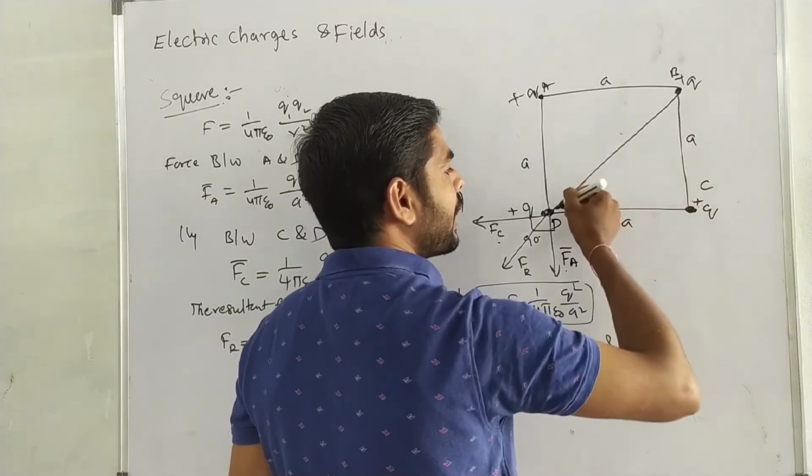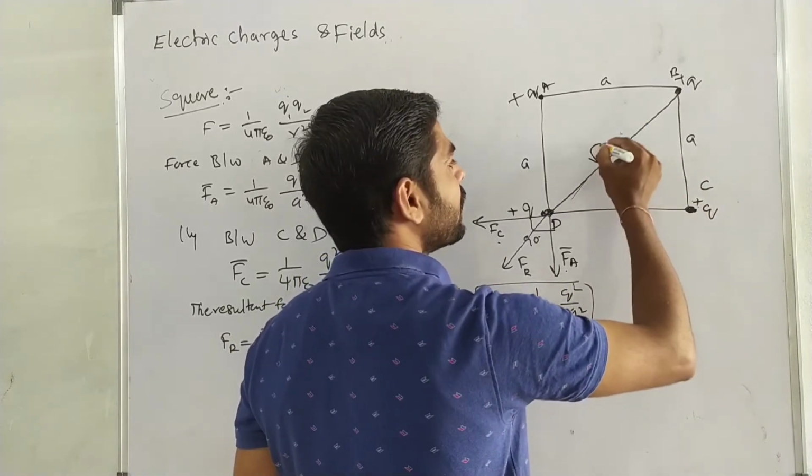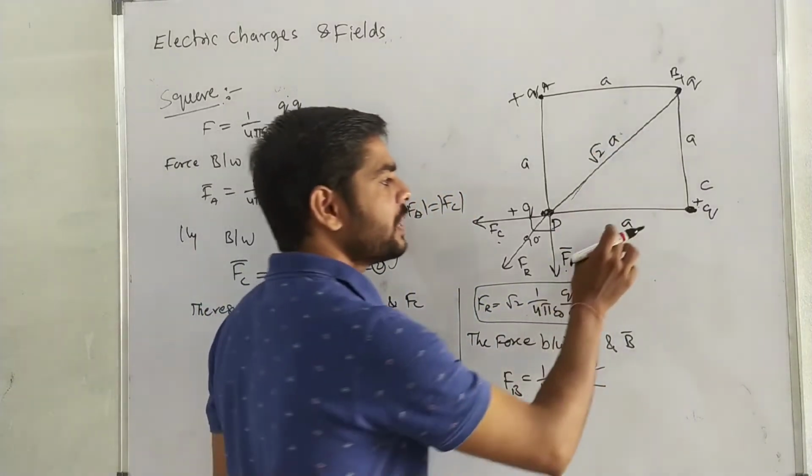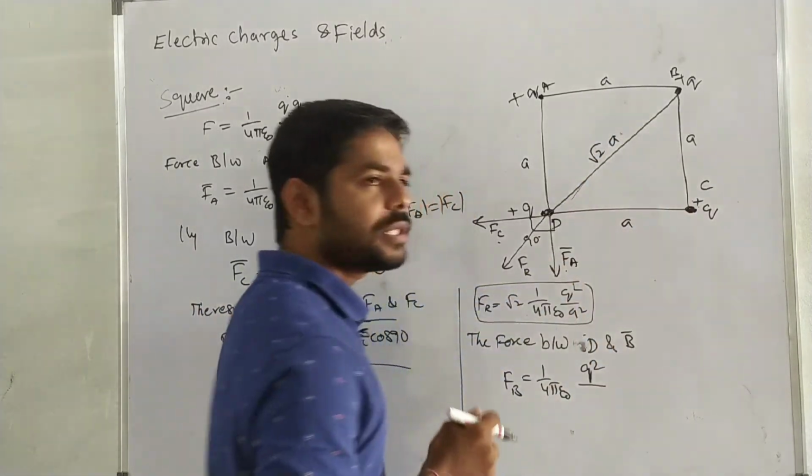It is a right angle triangle, so if the sides are A and A, the hypotenuse becomes root 2 A.